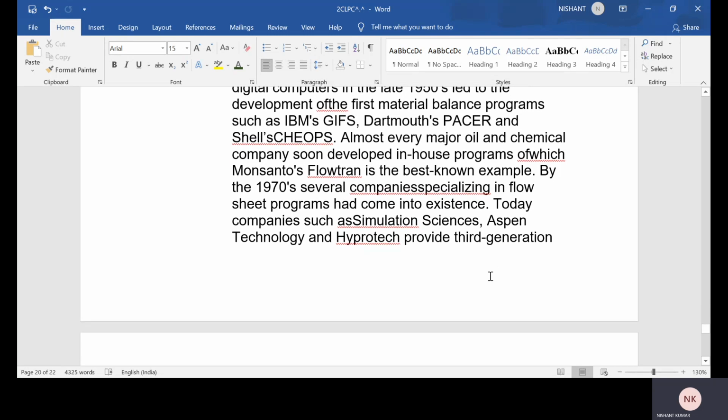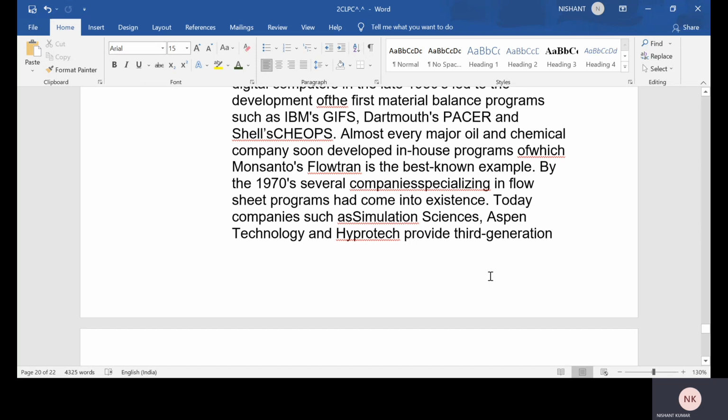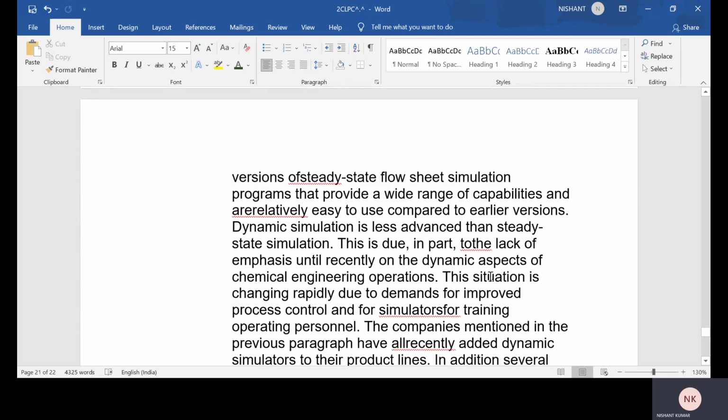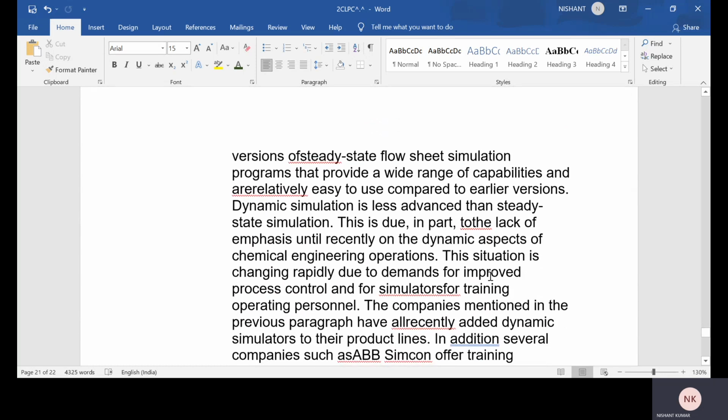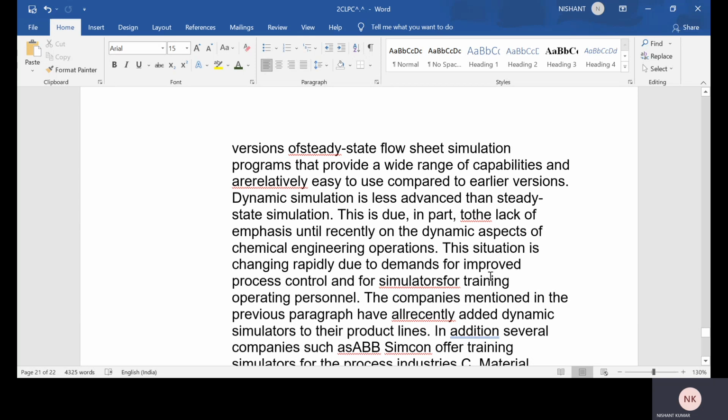By the 1970s, several companies specializing in flow sheet programs had come into existence. Today companies such as Simulation Sciences and Aspen provide third generation versions of steady state flow sheet simulation programs that provide a wide range of capabilities and are relatively easy to use compared to early versions.